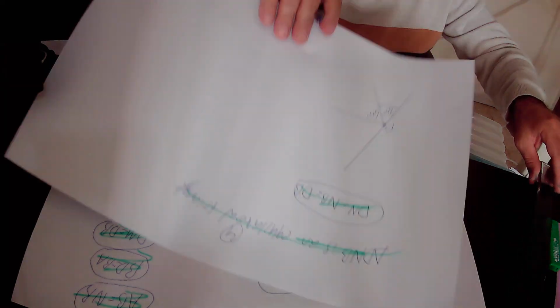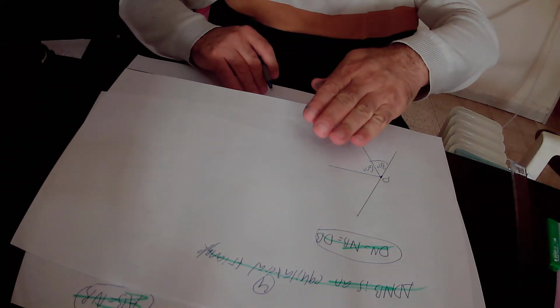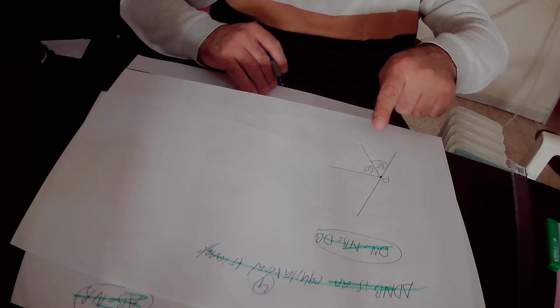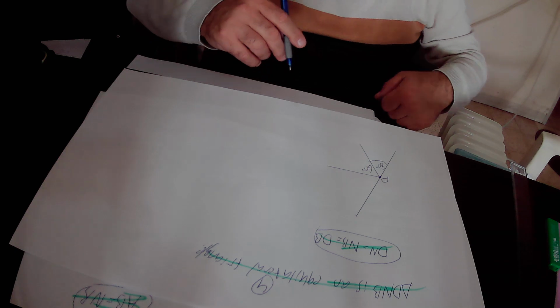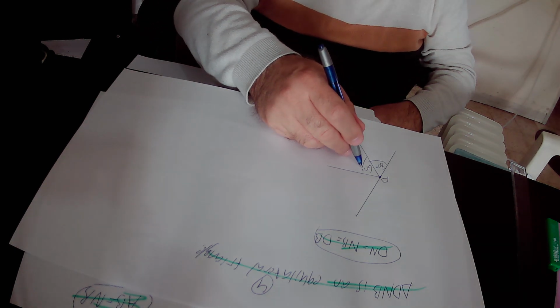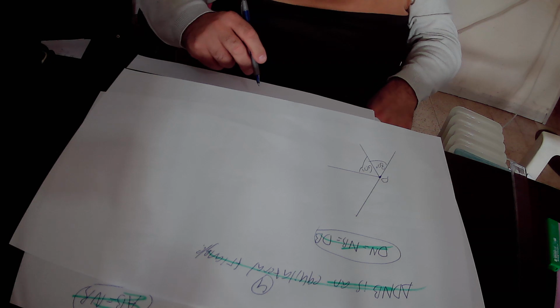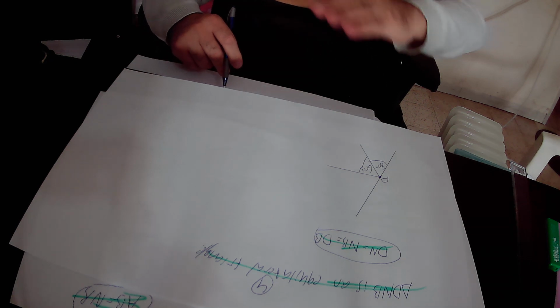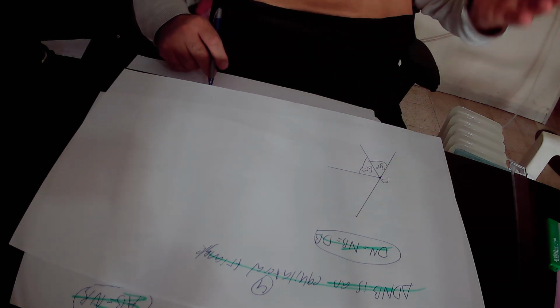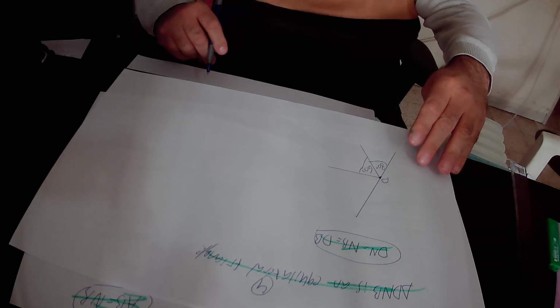This is the straight line CA, and those are the angles that we have on this side of the straight line CA at point D: 80 degrees plus 60 degrees plus the missing angle. 80 plus 60 is 140, plus the missing angle must be equal to 180 degrees, according to the rule that the sum of the angles on one side of a straight line is 180 degrees.